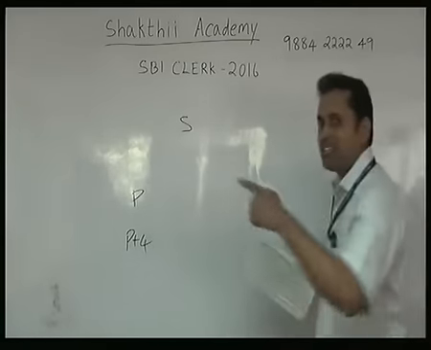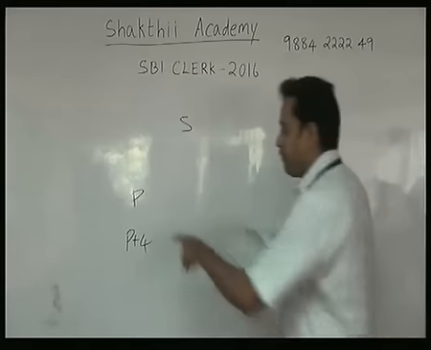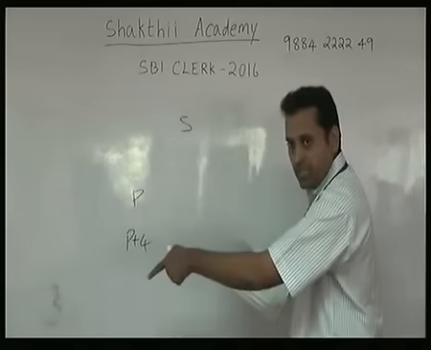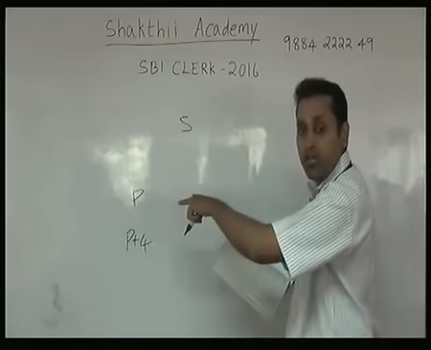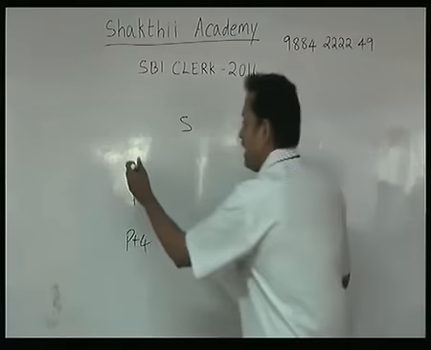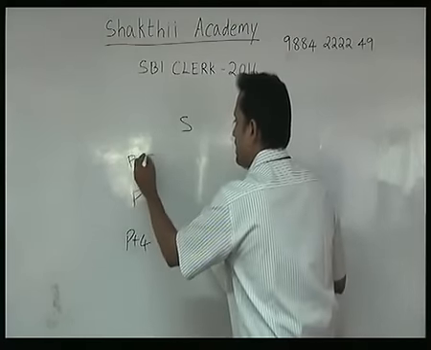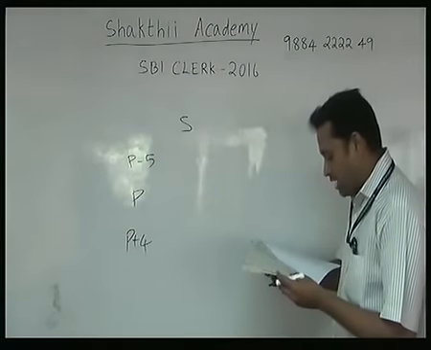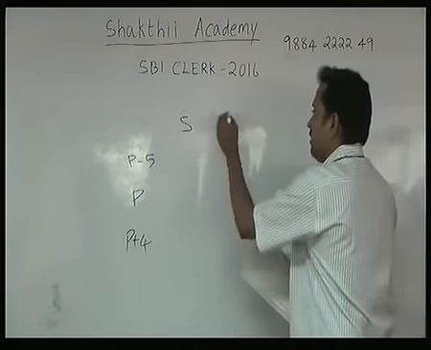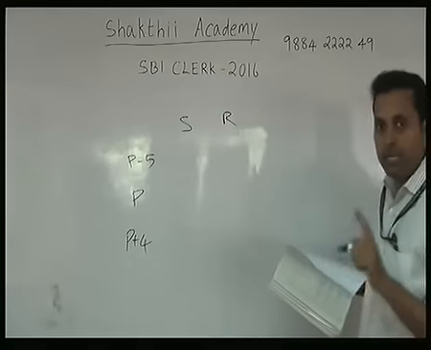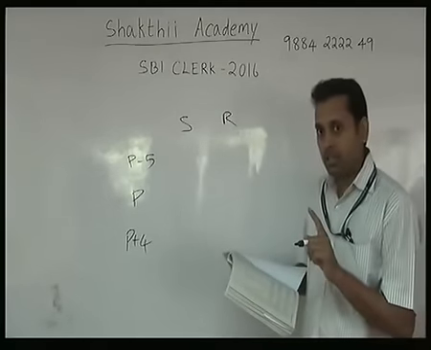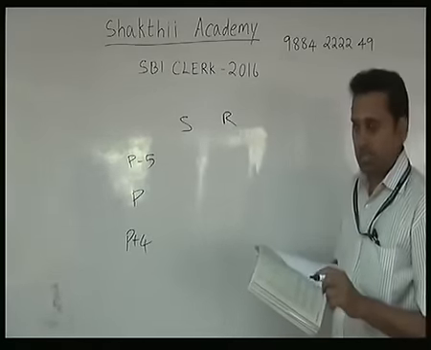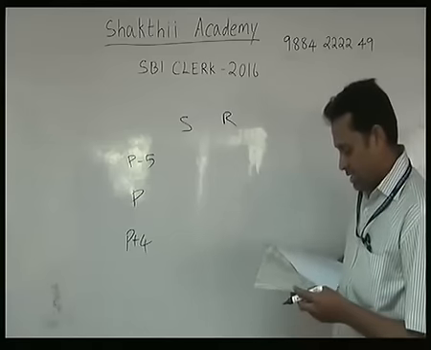See, first of all, 4 years hence and 5 years ago. 4 years hence means after 4 years. 5 years ago, or 5 years before, I need to write as minus 5. Here they are talking about Sonal and Radhika. Now you need to compare it very clearly.